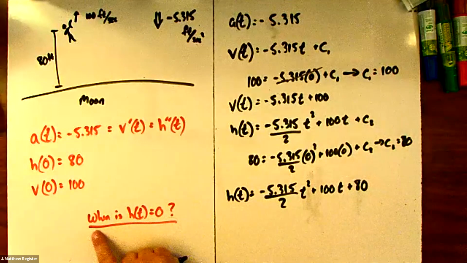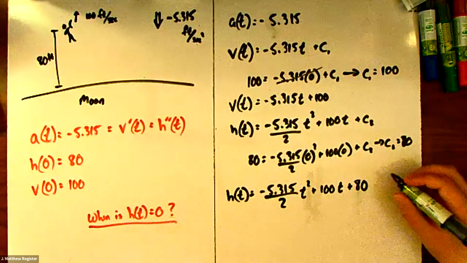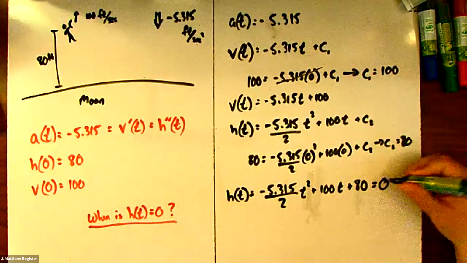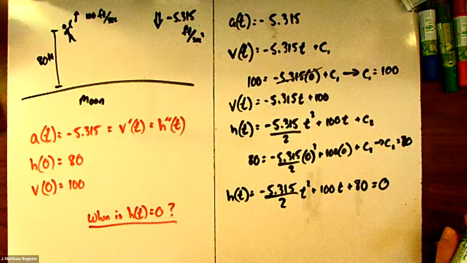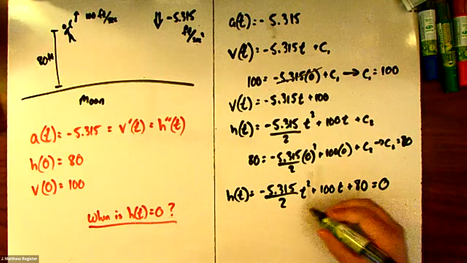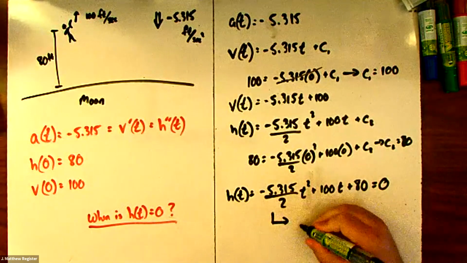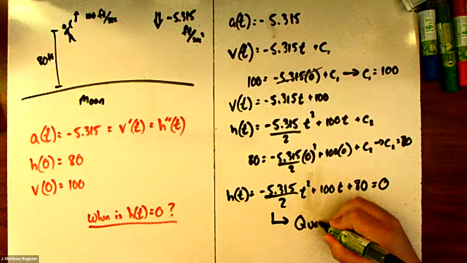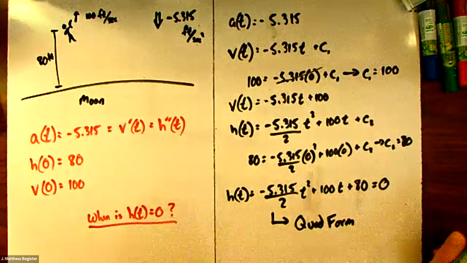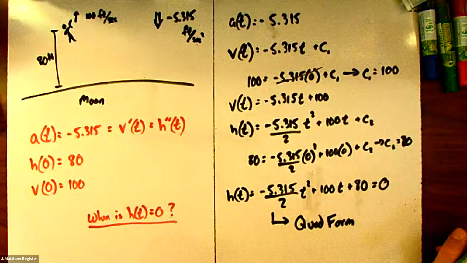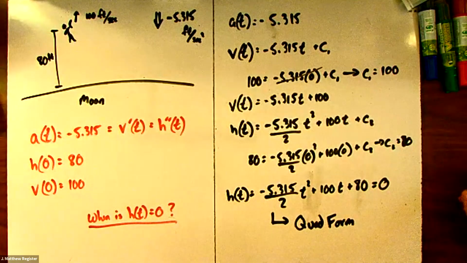And the question we were asked is, when is that going to be equal to 0? We can solve this. This is a quadratic, and so from here we would use the quadratic formula. You could try and factor it if you were really excited about that, but I wouldn't recommend it.